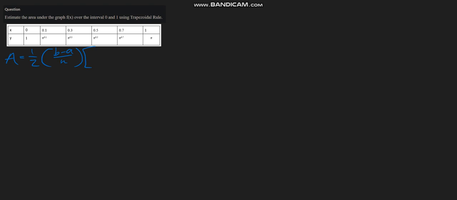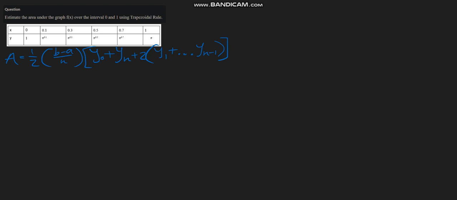Then bracket the first y, the initial y, plus the final y, plus 2 parentheses the first y, plus all the other y's that go in between, and then the final y, right? But this is a different kind of final y. I'll explain that in a bit. And then just close out with the bracket.